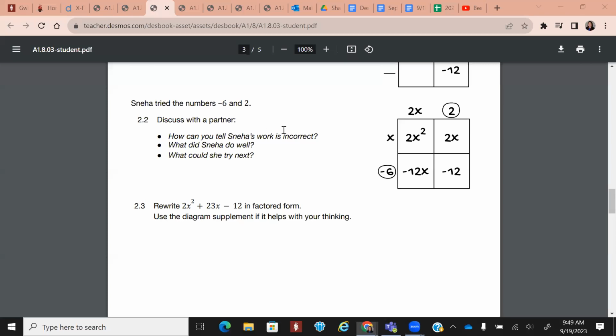Did you try the numbers negative 2 and 6? How can you tell it's incorrect? Because 2 and 6 don't equal 23. Okay. So negative 12x plus 2x doesn't equal, I think it's 23x is what she's solving for.